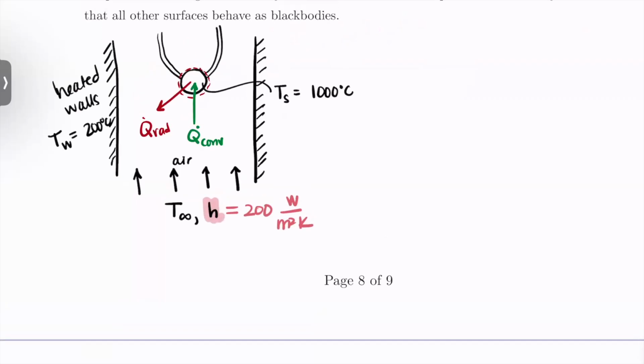And then for radiation, we also know that the emissivity of this body is 0.9. Okay, so we want to find the steady gas temperature. So we want to find T infinity.